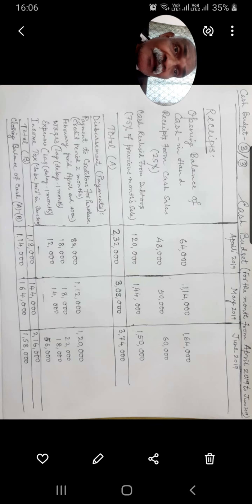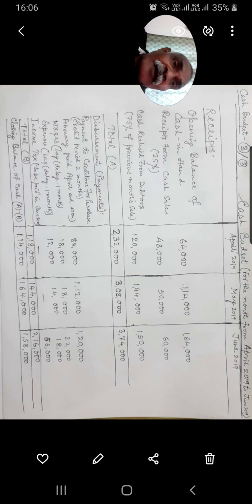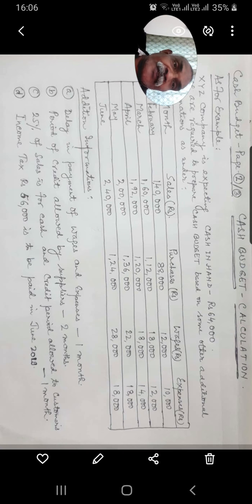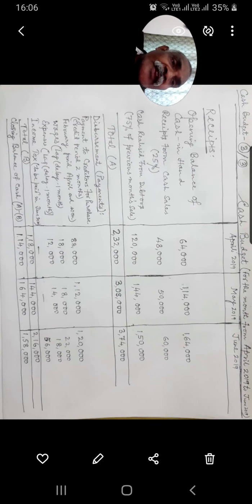It means you have to pay February's purchase amount in the month of April. So in the month of February, how much did you purchase? You purchased 88,000 rupees. Just see the purchase column. February, 88,000 rupees. So 88,000 rupees you pay in the month of April. Now wages.